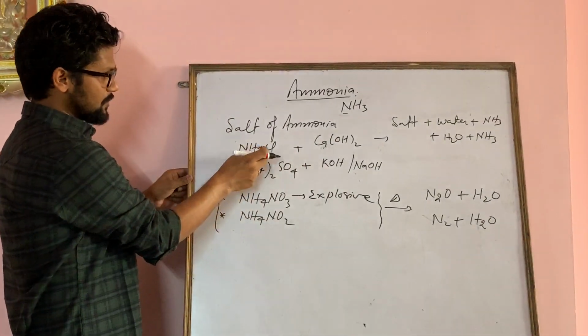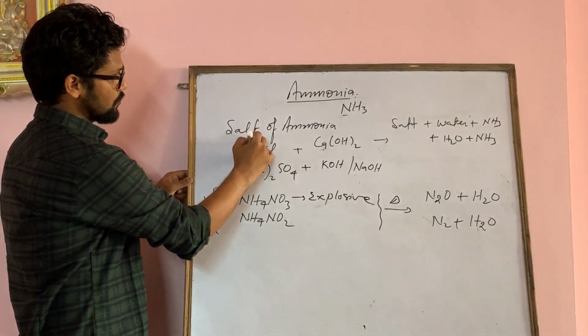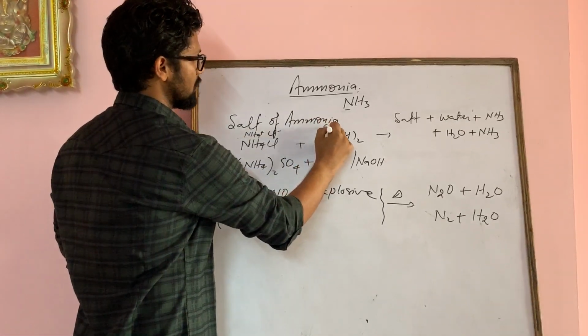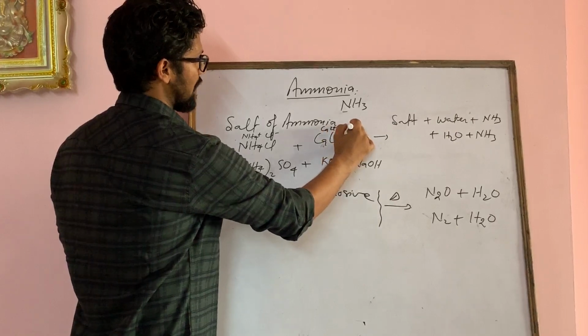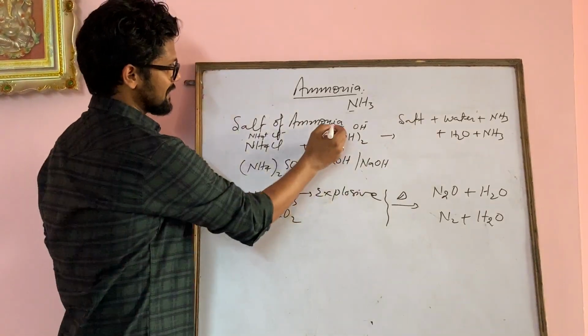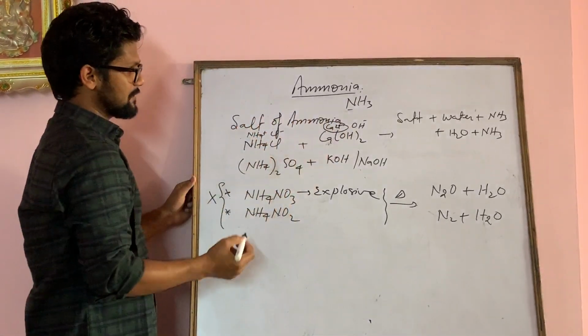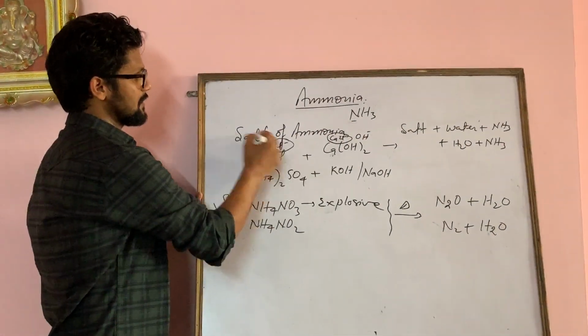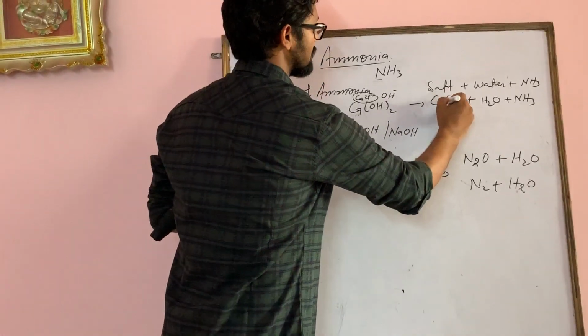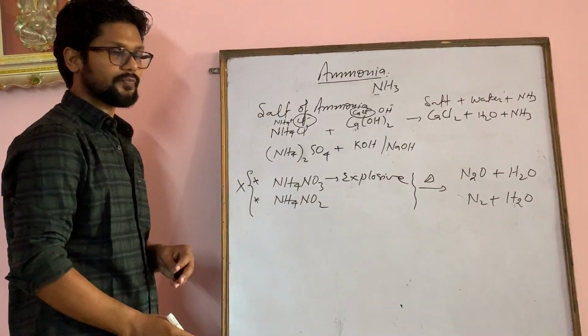If we break into ions, it will break into NH4 plus and Cl minus. It will break into Ca2 plus and OH minus. From the product you can see that we have calcium ion and Cl minus ion. These two react and give CaCl2.